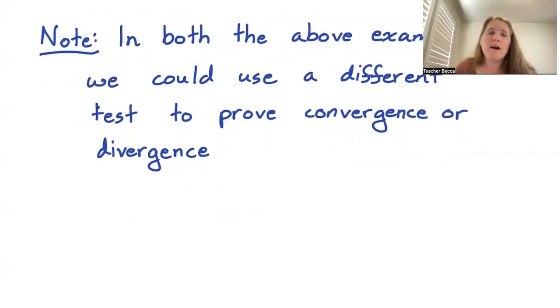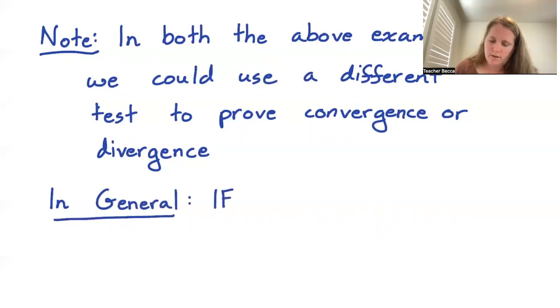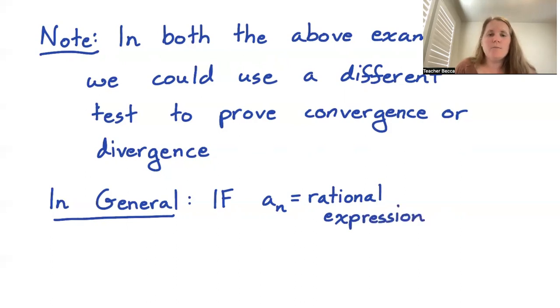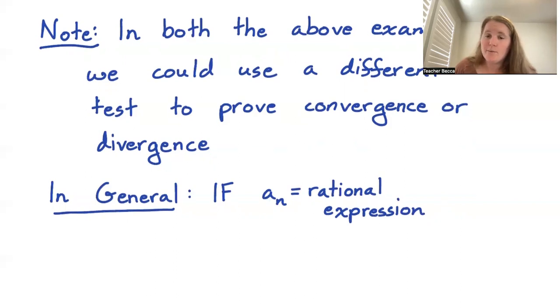In general, if we have polynomials or if we have rational functions as our a sub n, so in general, if a sub n is a rational expression or function, so in both of the two previous cases it was, if we have a rational expression, the ratio test will most likely not work.